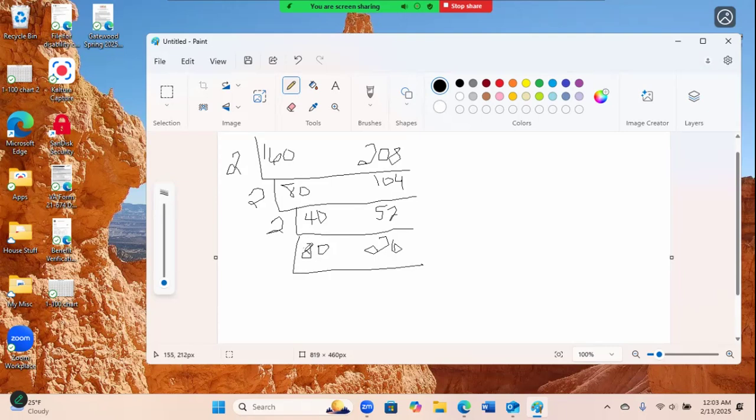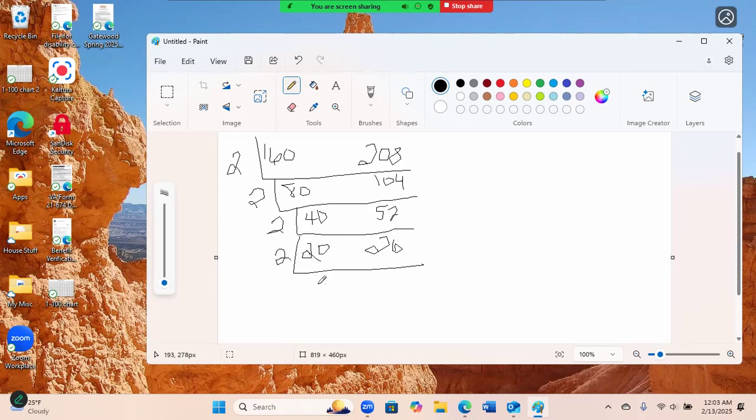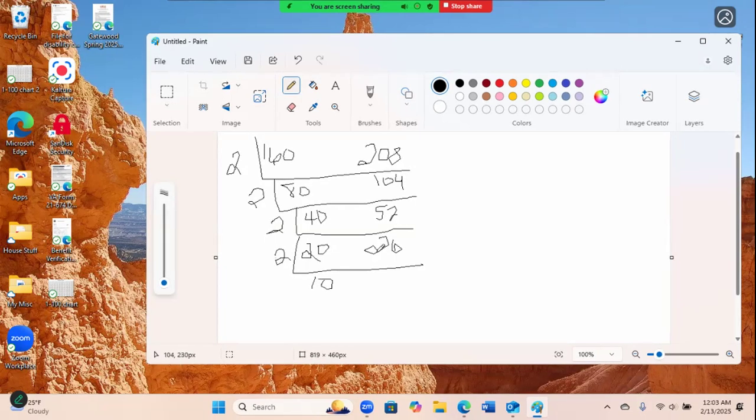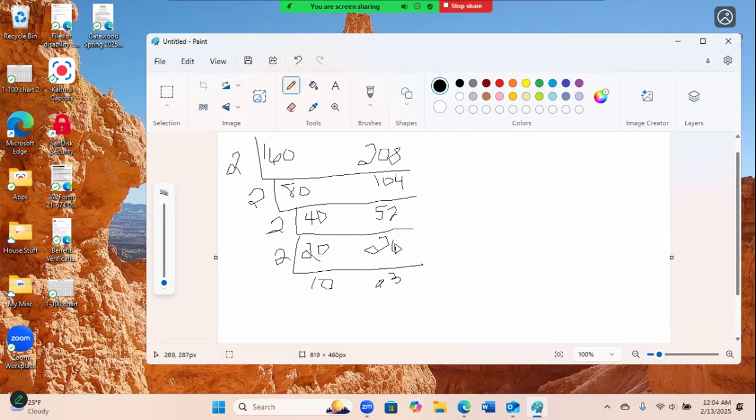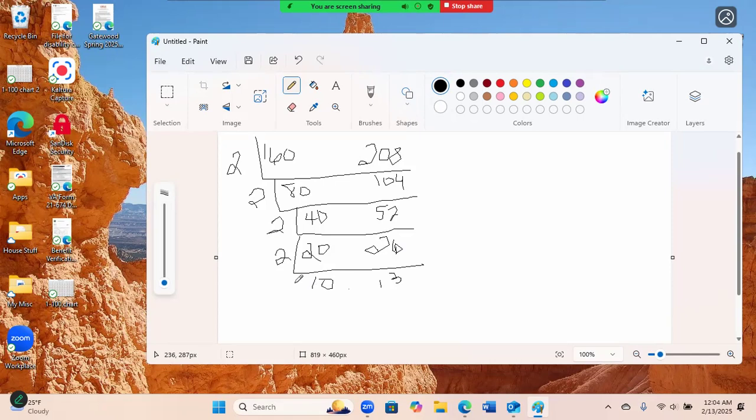That can still go farther. So we put another 2 down here. 20 divided by 2 is 10. 26 divided by 2 is 13. Okay, so looking at these two numbers, 13 we cannot go any lower than 13. 10 still has factors.